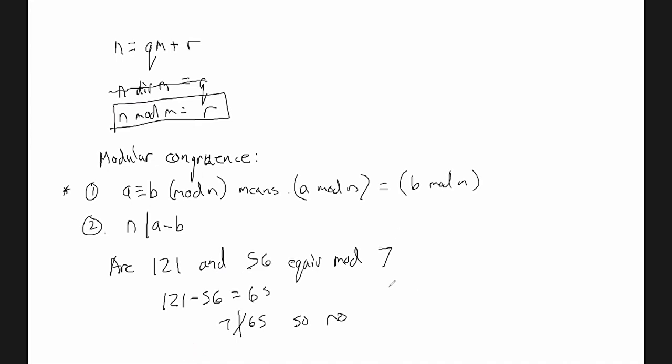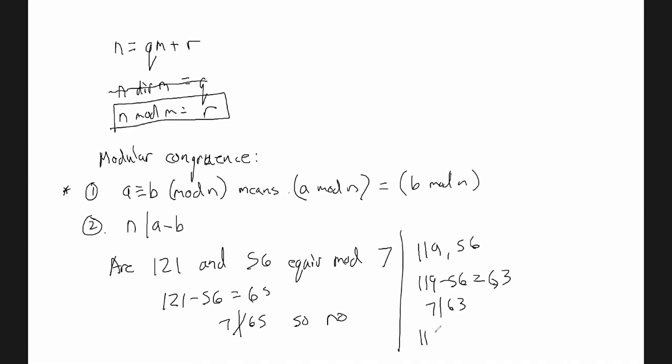But if I did instead 119 and 56, what's 119 minus 56? That's 63, right? And 7 does divide 63.